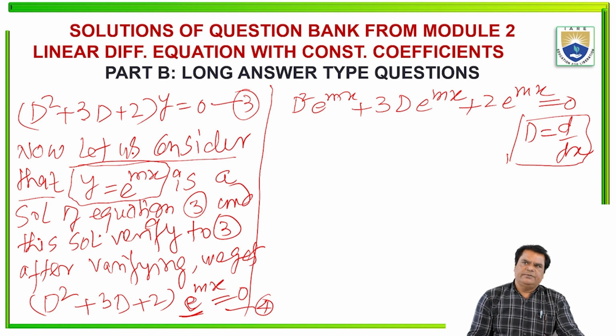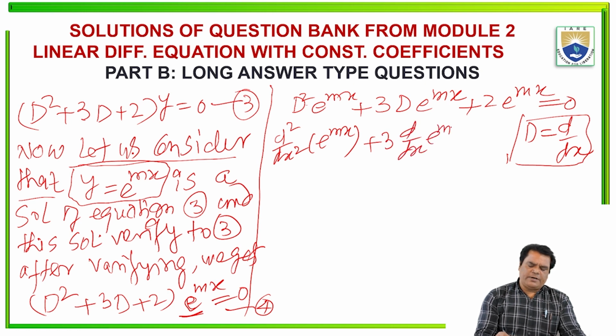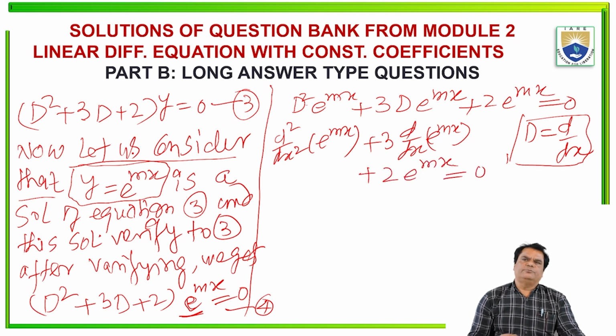So here d2 over dx2 of e to the power mx plus 3 d over dx of e to the power mx plus 2 e to the power mx equal to 0.